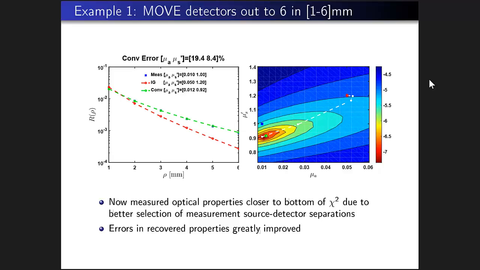You can see that the measured data is actually closer to this basin here, and so we've improved. This is one of those cases in which you want to make sure that whatever measurements you've taken, the model function you're using to solve the inverse problem is relevant for that particular measurement.